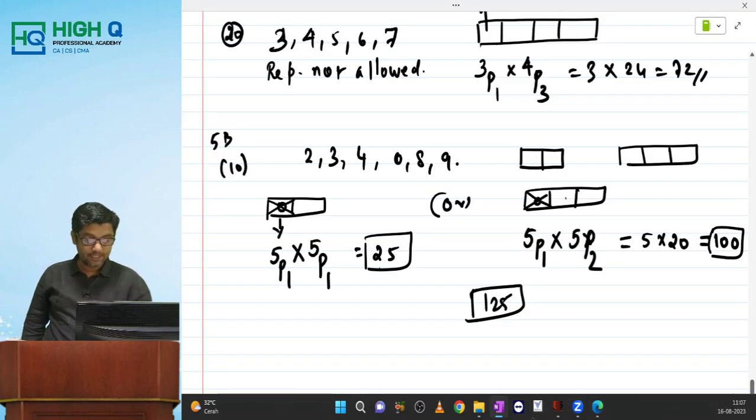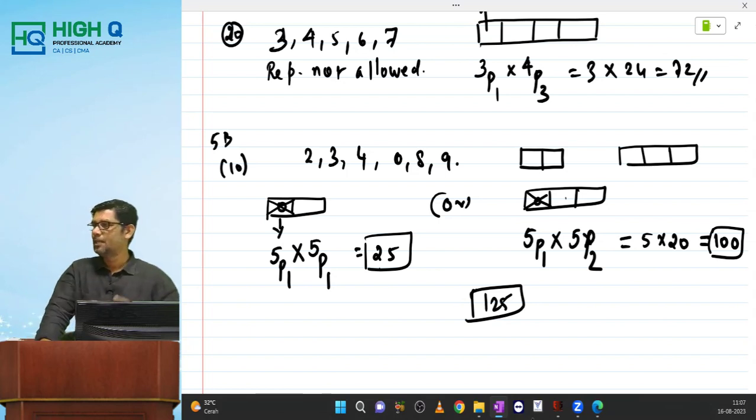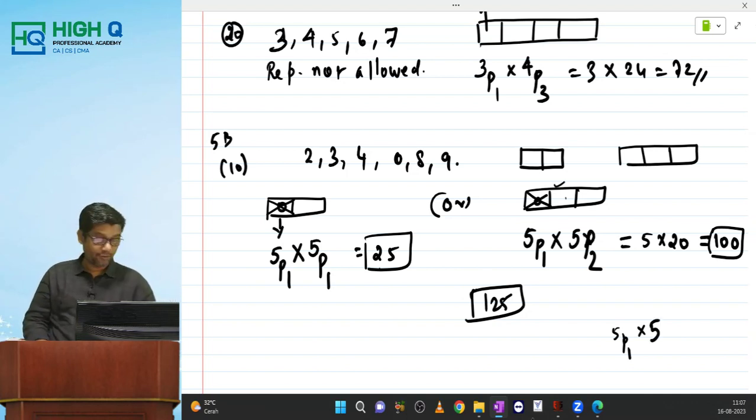I'll tell you. This 25 remains the same, because only for the 2-digit number can the first digit have 0. But here instead of 5P2 it would be 5P1? No. For the second digit, how many digits are available? 5. For the third digit, again 5 will be available.